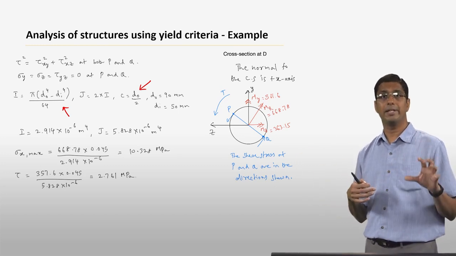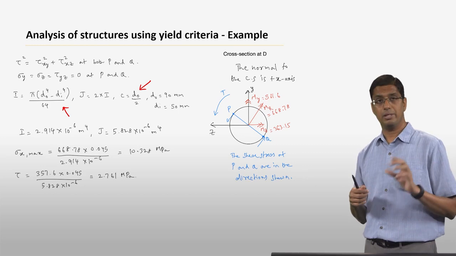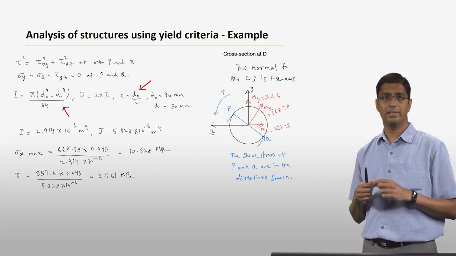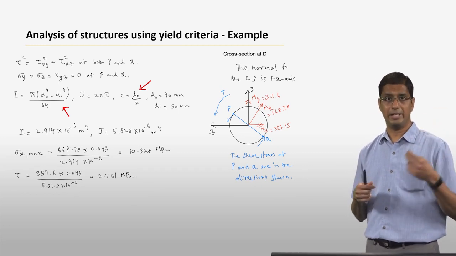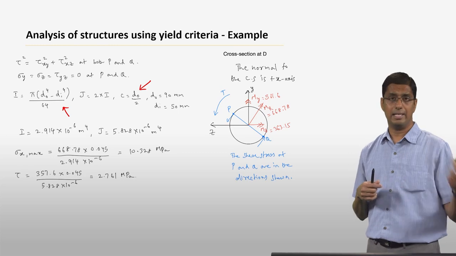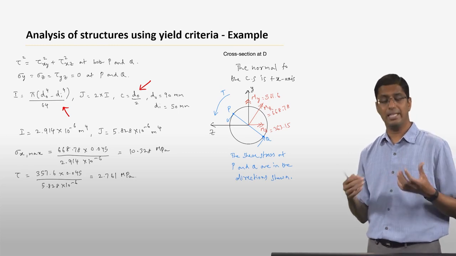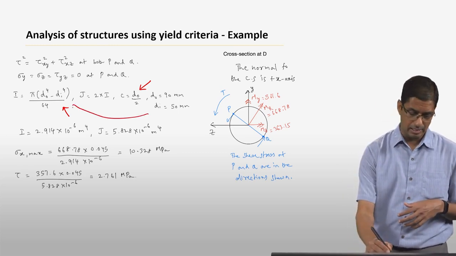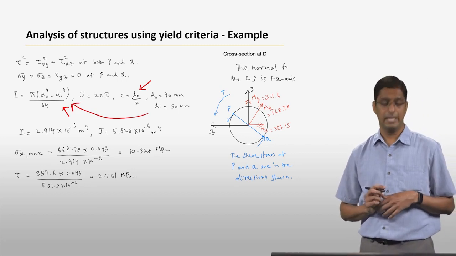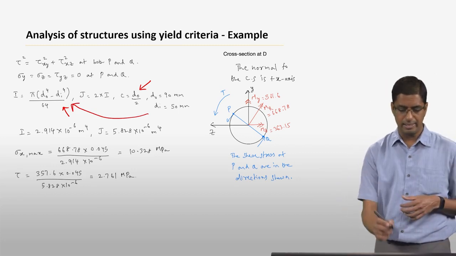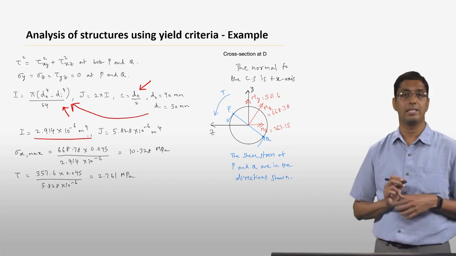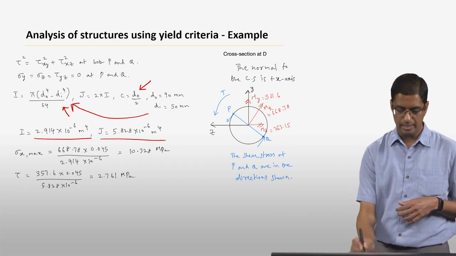The outer diameter is 90 millimeters, so the farthest distance from the neutral axis is d outer divided by 2. And d inner is 50 millimeters, which is required to calculate I and J. If you make the calculation, you find I is that value and J is that value.